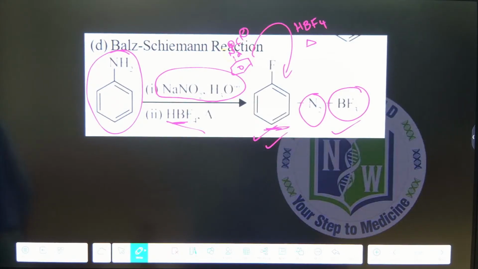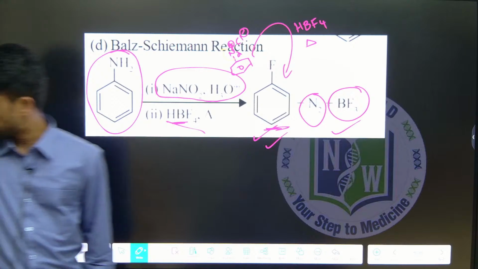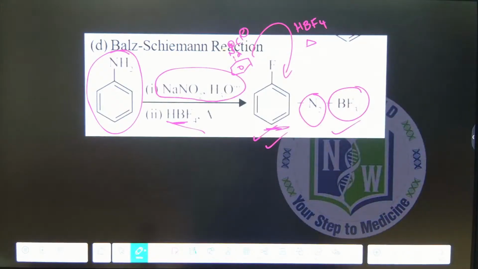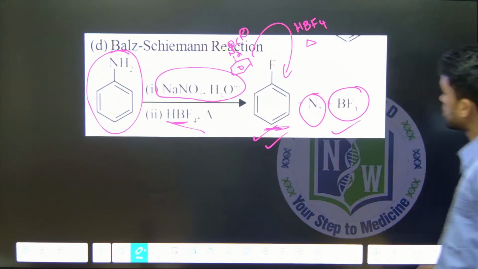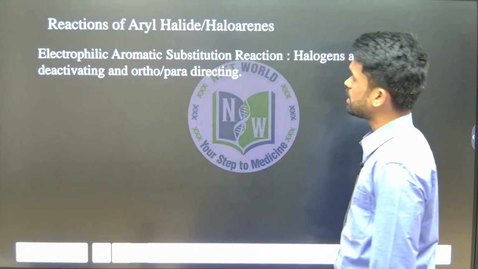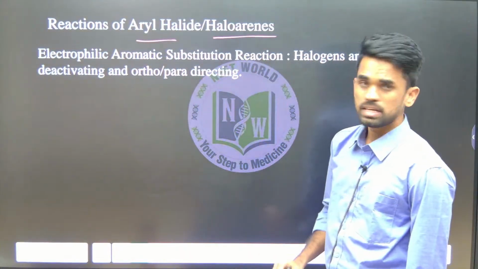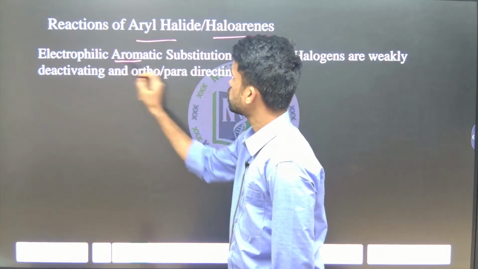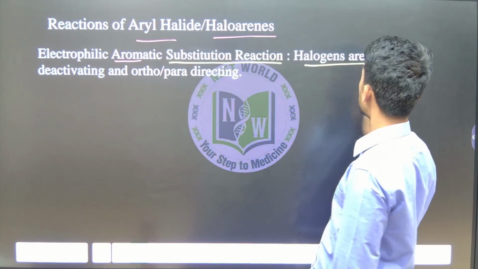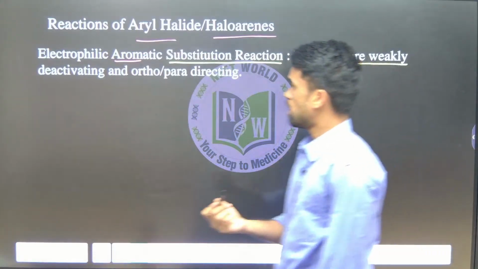Okay, and the next one, I will be explaining to you. Yeah, so the next one here is reactions of aryl halides or haloarenes, that is, aromatic electrophilic substitution reactions, that is halogenation of rings.